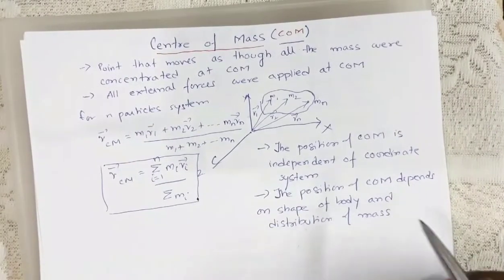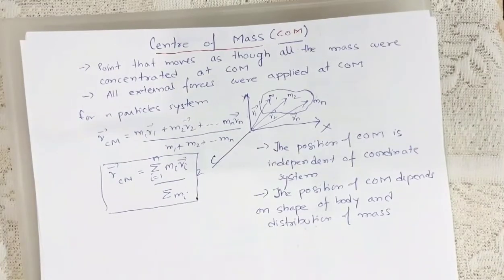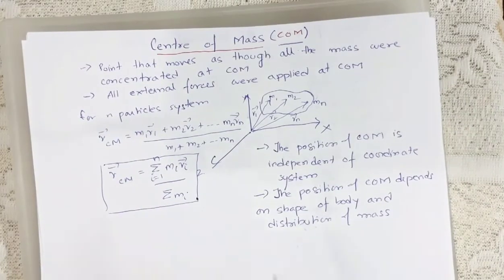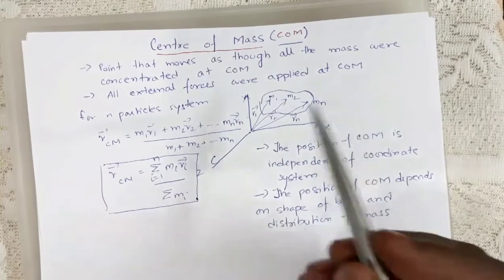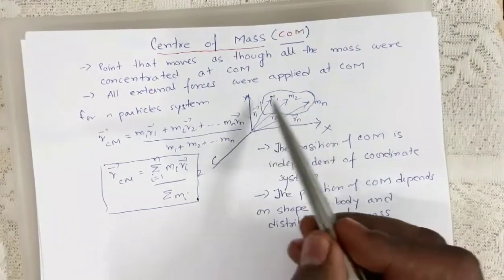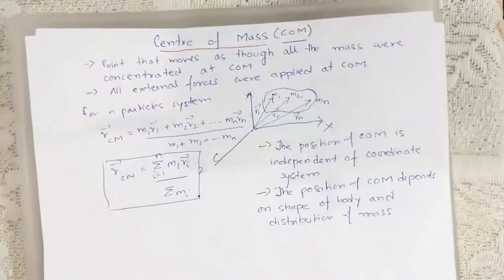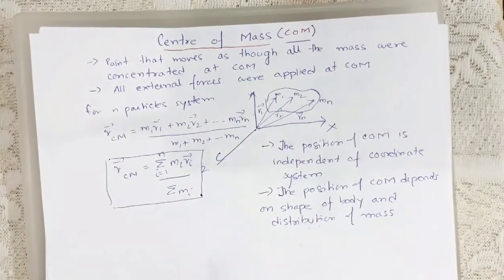So you must note down these 2 points. So this is the basic concept. This is how you have to locate the center of mass for an n particle system.